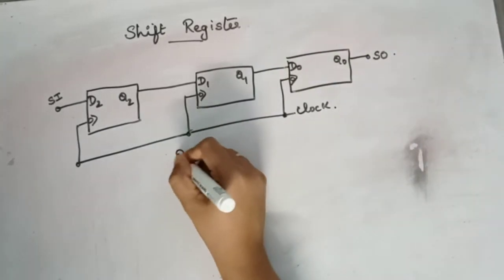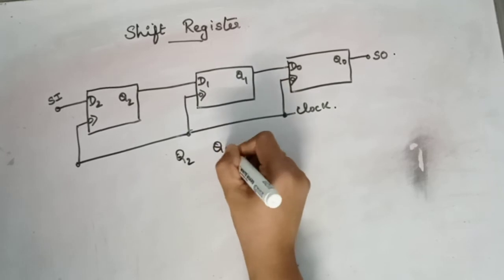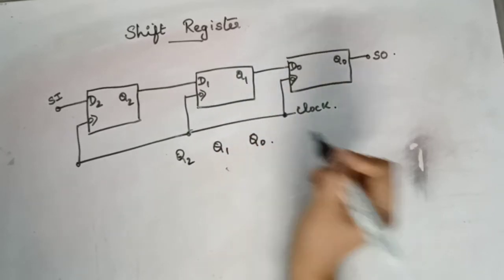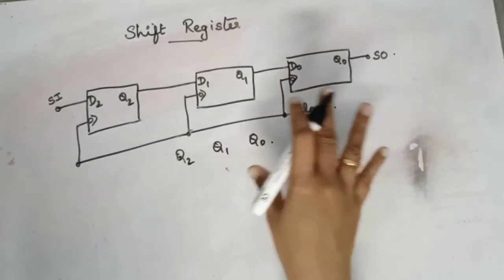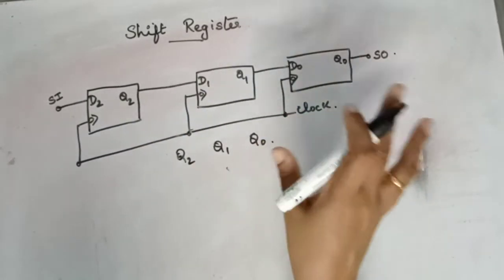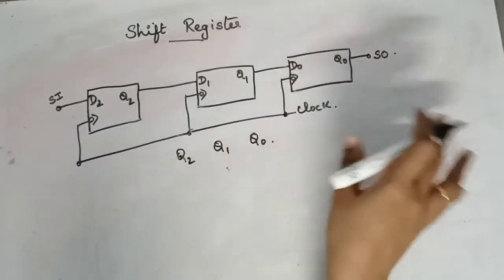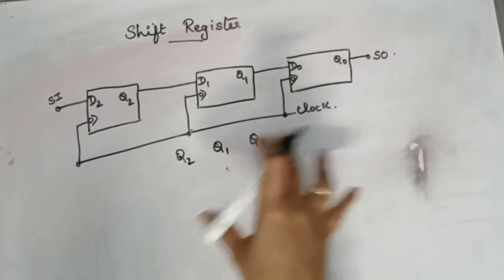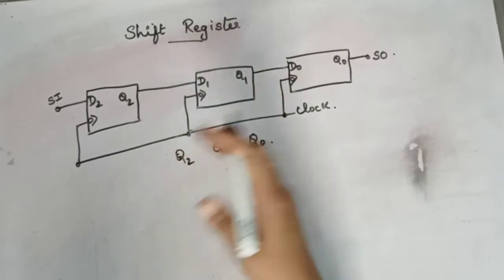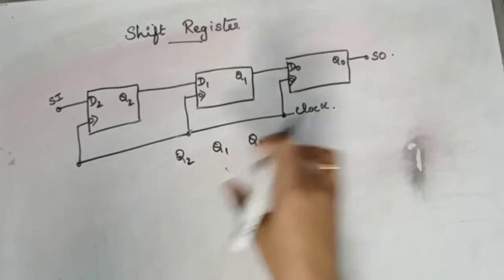So Q2, Q1, Q0. First of all, if any data is stored inside all these flip-flops, I'll remove it by making the clear equal to 0. I'm not showing that because the circuit will grow in size and I don't want to make it complicated.